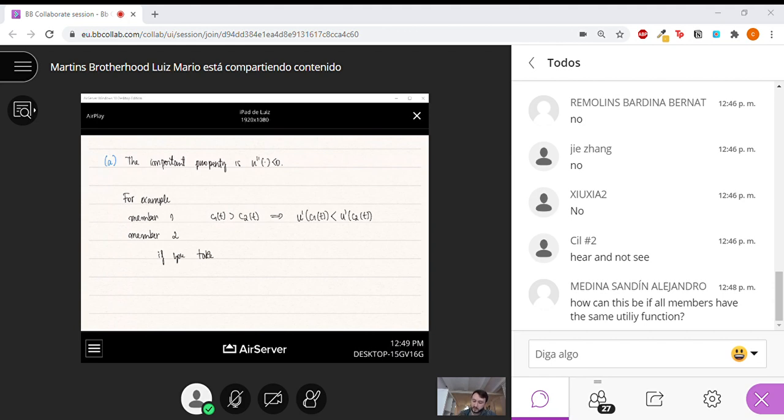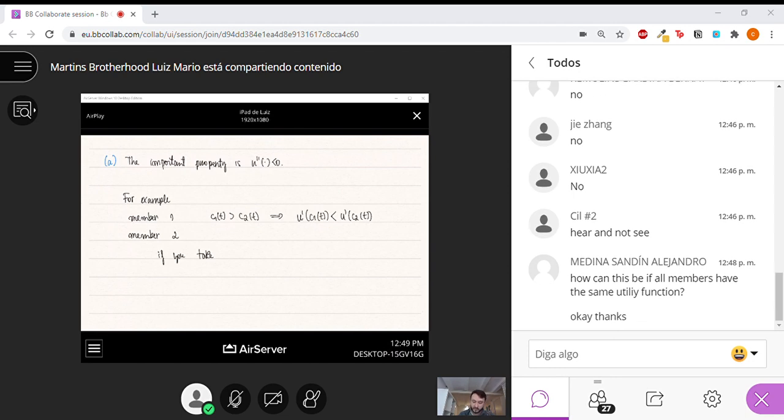And then the utility of the first household member depends on the consumption of the first, and the utility of the second depends on the consumption of the second. Okay, so the utility function is the same. It doesn't mean that the utility of the households for all choices are the same. Okay, the utility is a function. It depends on the choice. So what is the same for households are the utility functions.